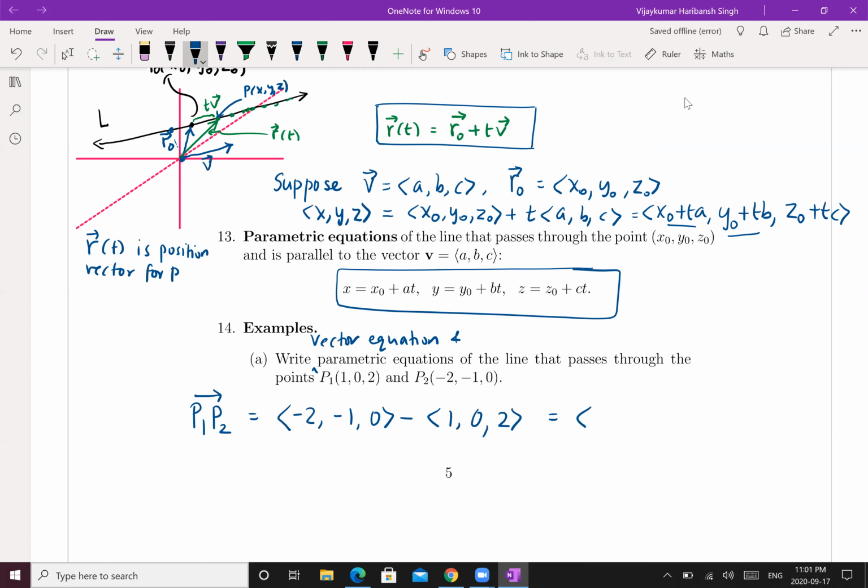That is going to be (-3, -1, -2). So this can be your vector v.